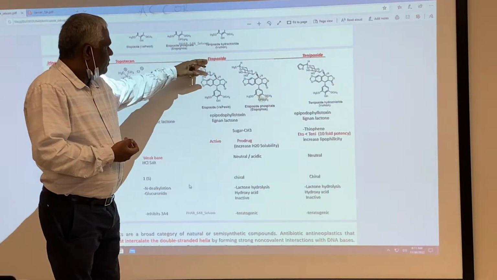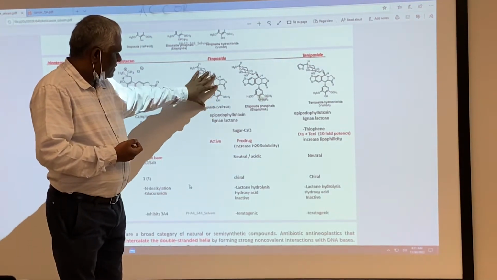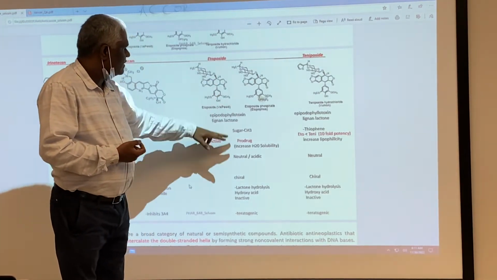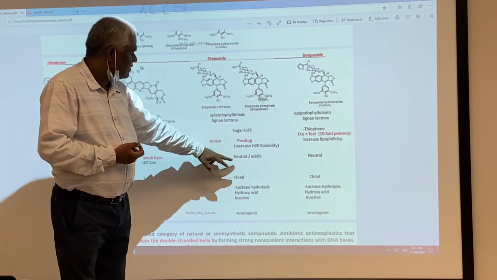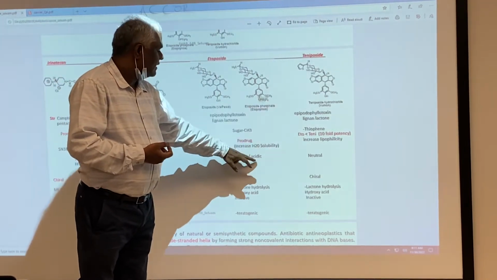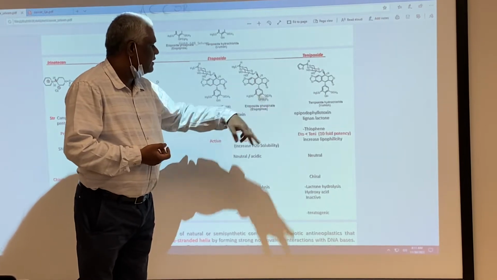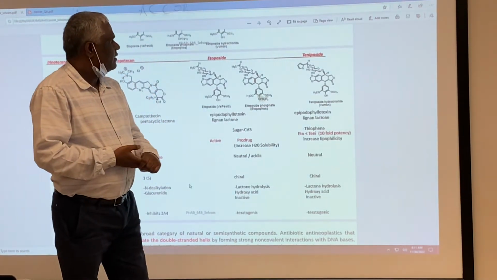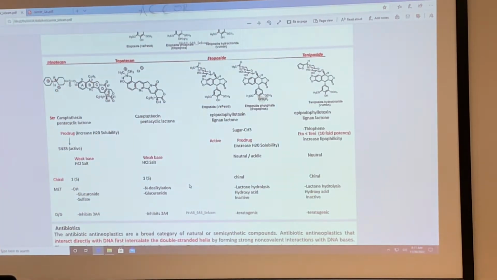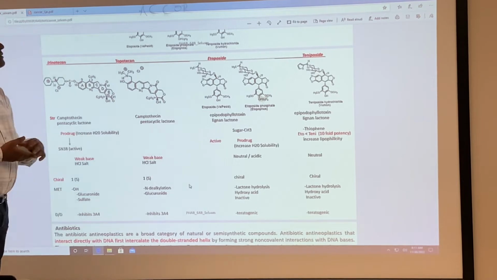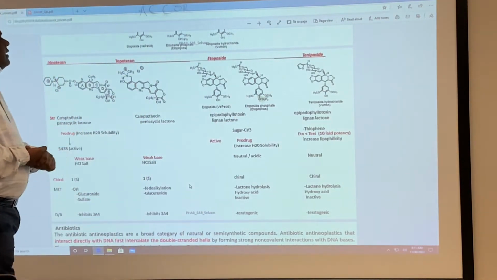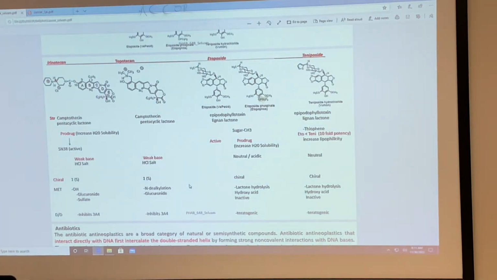Etoposide is a neutral compound, with no nitrogen atom in the molecule. Etoposide phosphate is an acidic compound, because phosphate is an acidic functional group. Teniposide is again neutral. So irinotecan and topotecan are weak bases, etoposide phosphate is acidic, and etoposide and teniposide are neutral.